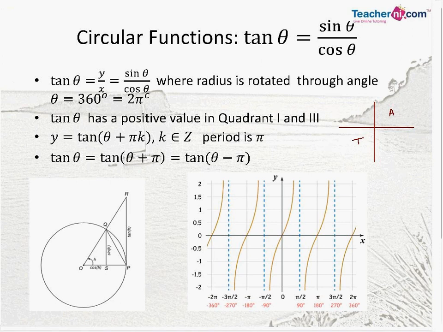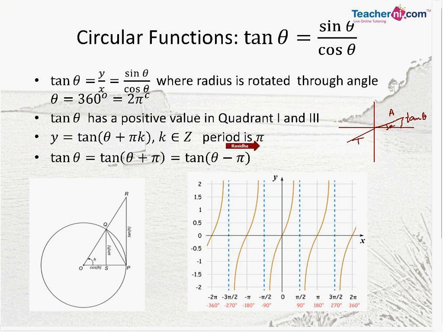See here, let's consider an angle of theta. Whatever tan theta you get for this angle, you'll find the same value in the third quadrant also. It means tan has the same value in the first and third quadrant, right? So tan has a period of pi.